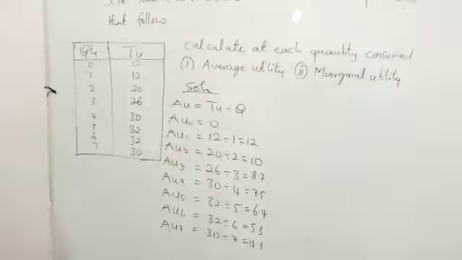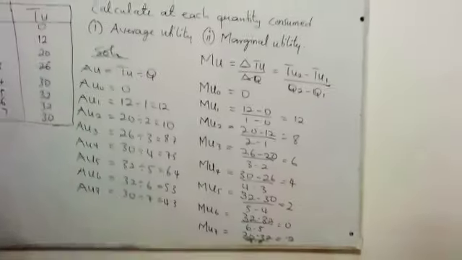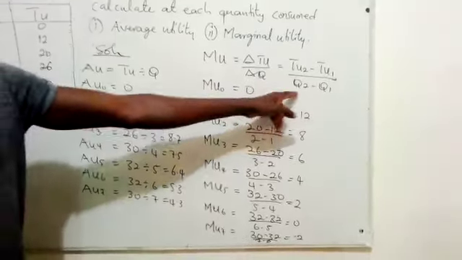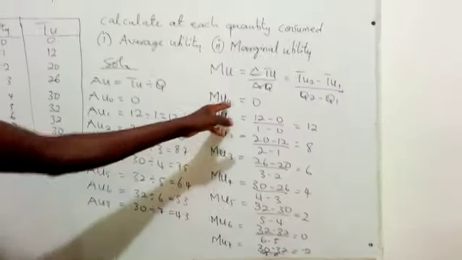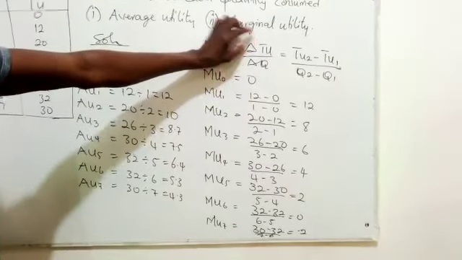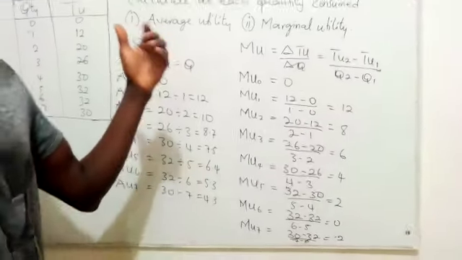Now let's look at how we can find the marginal utility too. When it comes to the marginal utility, this is the formula. We use this triangle as a change, and the meaning of this is new minus old, the current minus the previous.